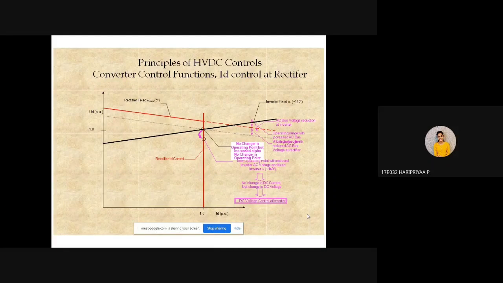And this is the characteristic: the red line shows the rectifier fixed at 5 degree, and the black line shows the inverter fixed at 140 degree. The intersection point will be the operating point.